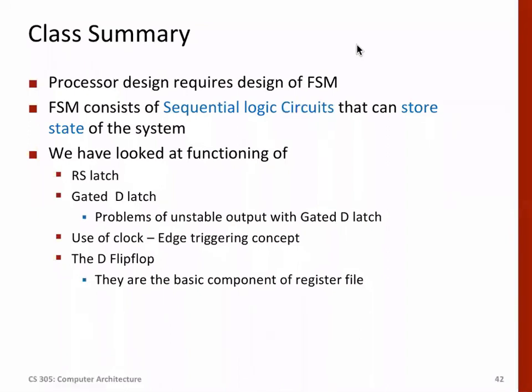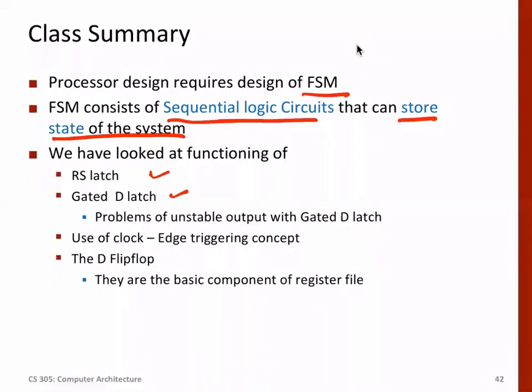The processor design requires design of finite state machines. A finite state machine consists of sequential logic circuits that can store the state of the system. We have briefly looked at all this: RS latch, gated D latch, use of clock. Finally we came to the concept of the D-type flip-flop, and we put these D-type flip-flops in parallel to create registers.